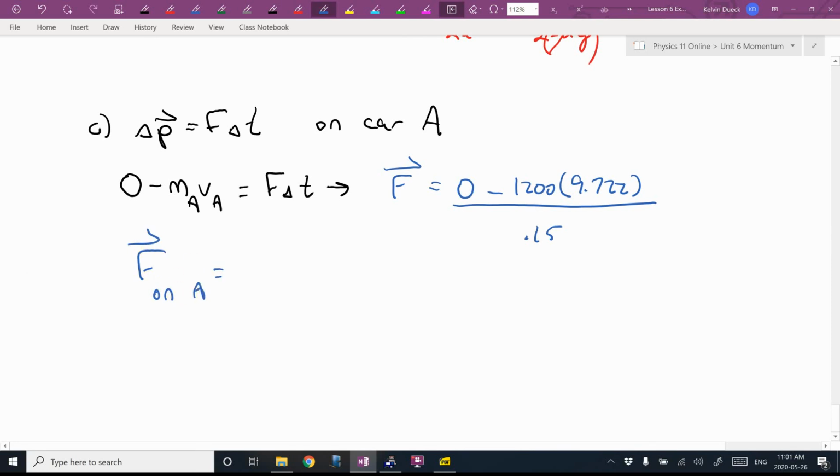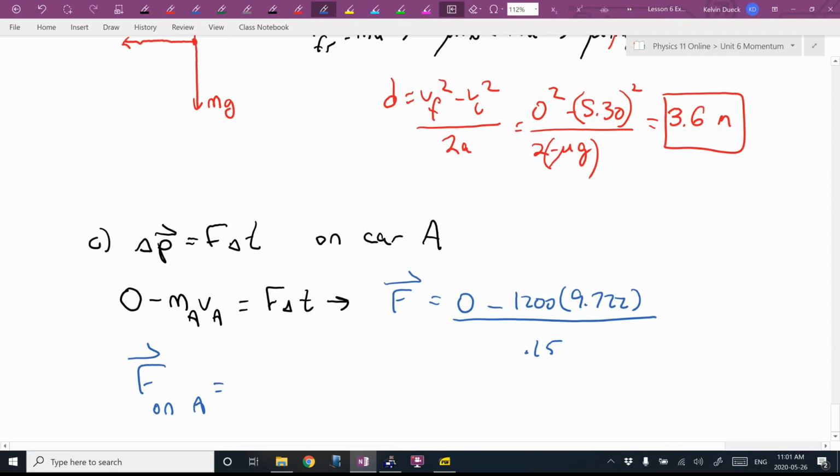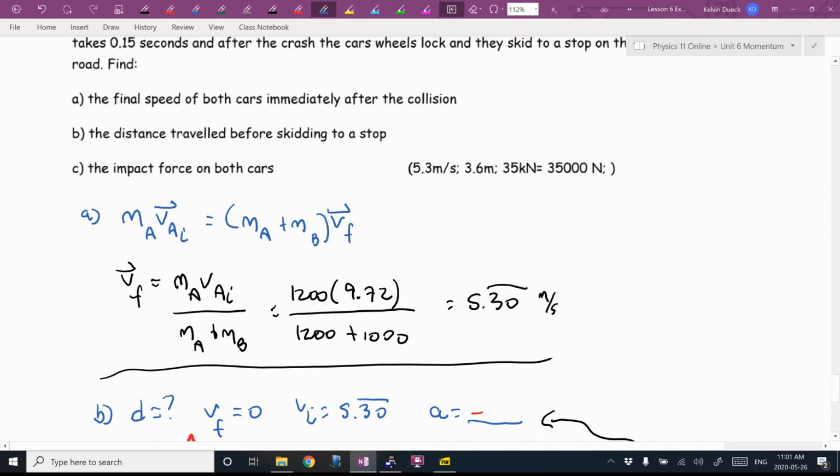The force on car A is 0 minus 1200 times 9.7222222 divided by 0.15. Make a typo here, Mr. Dueck? Yes, I did.